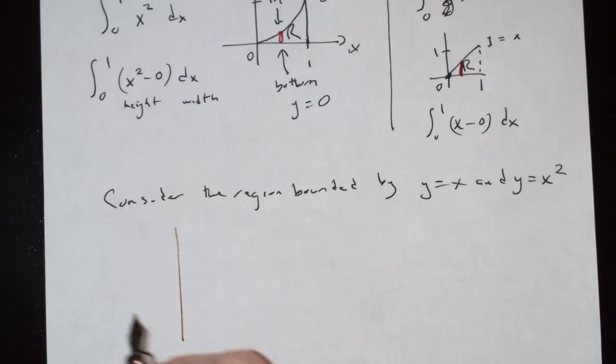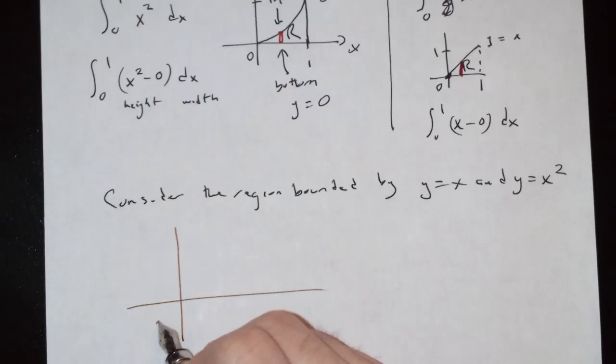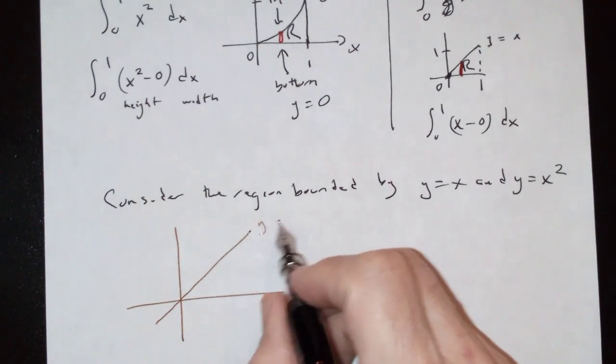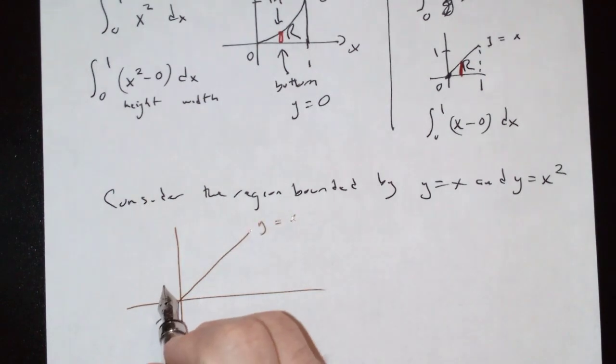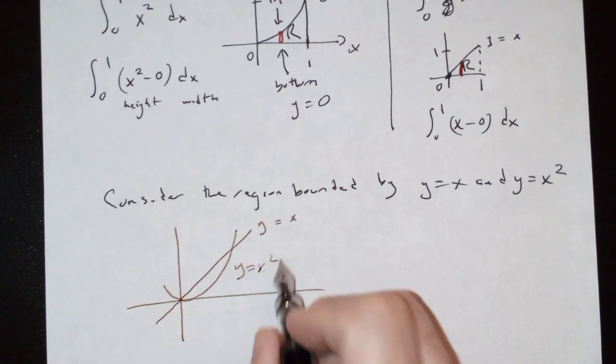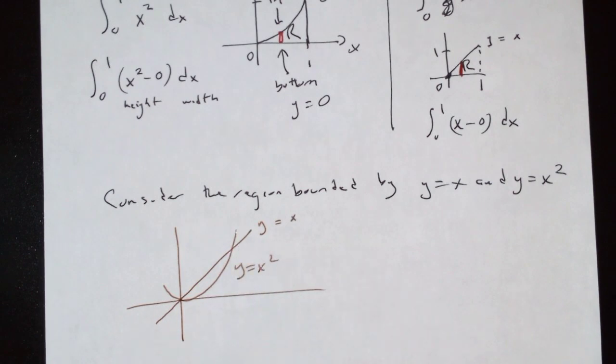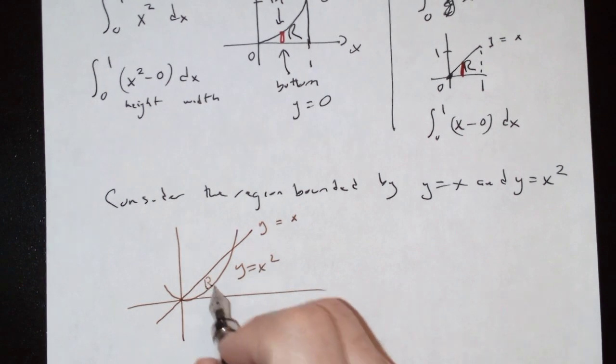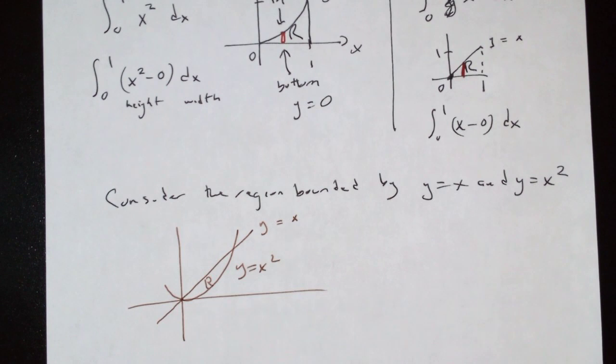So I have the line y equals x, and I have the parabola y equals x squared. And I have a region now between these two curves, bounded by the curves themselves. I'm not considering the x-axis anymore. I'm considering just that slice.